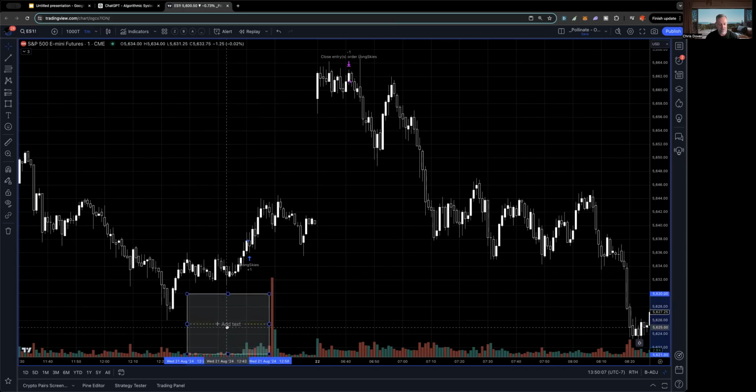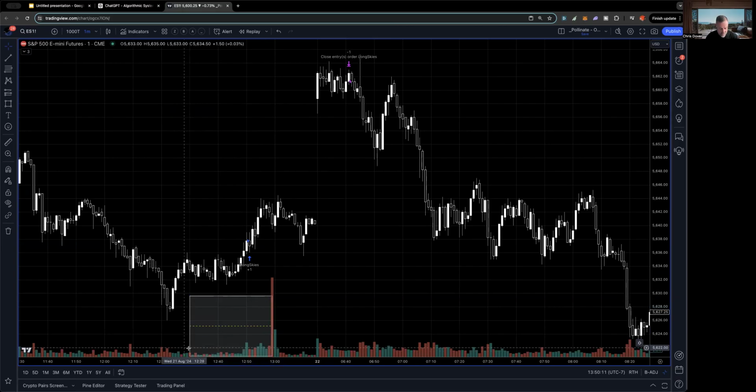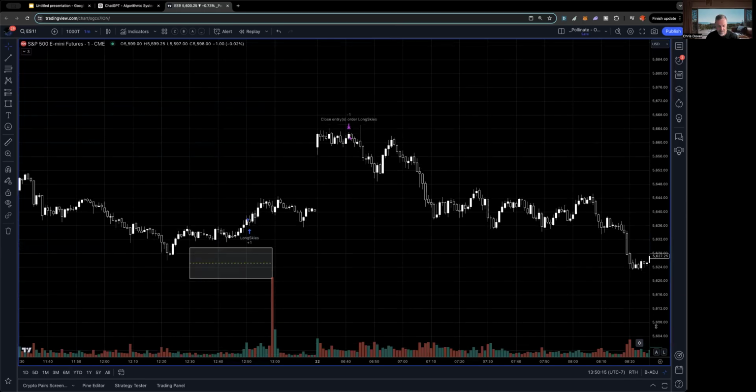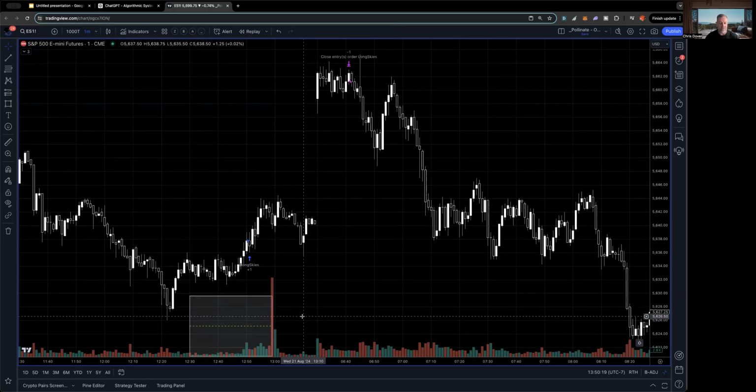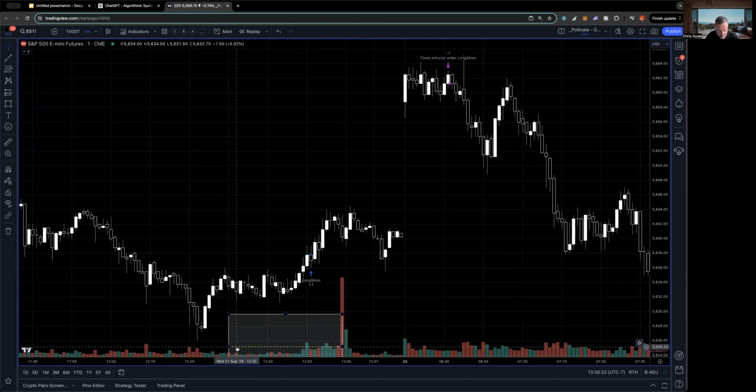Let's move down here. I want something in here. This is just an example of something I would do. I would go in and say, okay, what's indicative in here of the potential for a gap the following day?